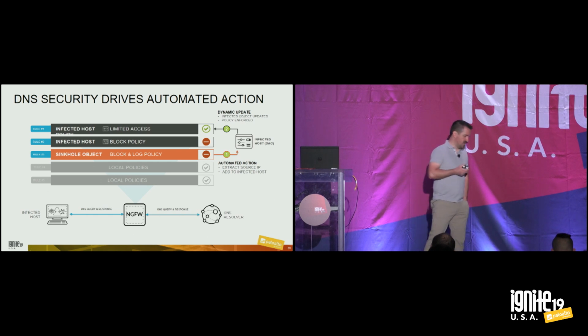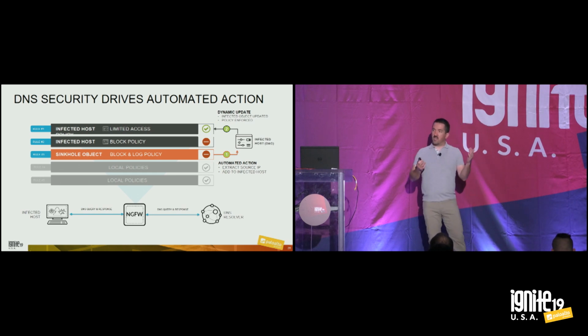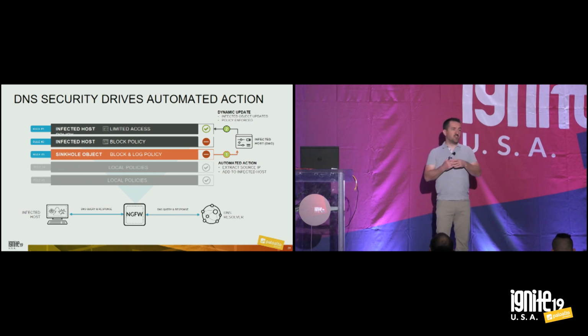And my favorite functionality that we added is you can have an expiration time, which means you can add an IP address to this dynamic address group, and you can make that expire, which ultimately does one thing that is super important here. If you see continued command and control attempts, continued malicious activity, that would keep that host in this dynamic address group, and these restricted rules would still be applied.